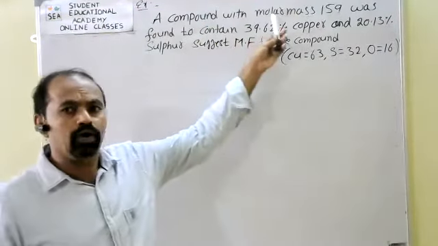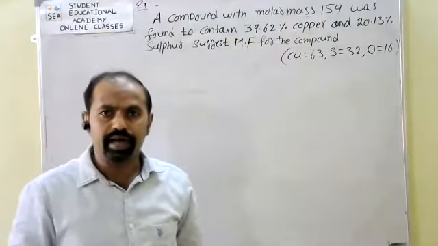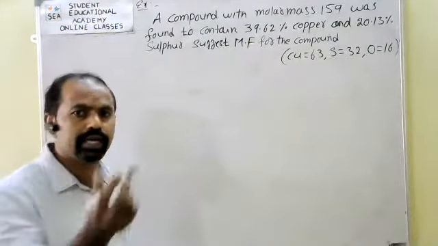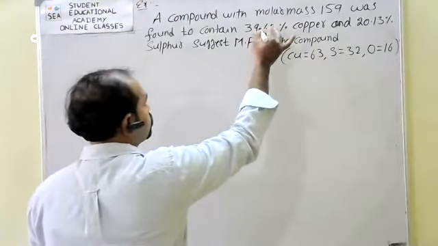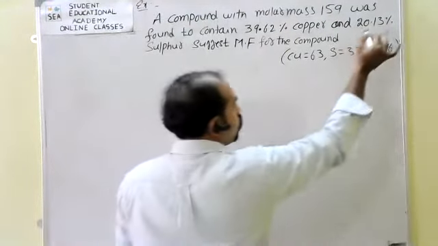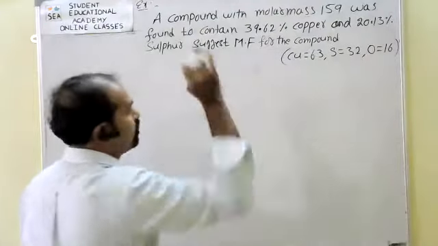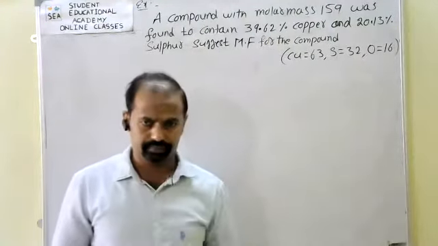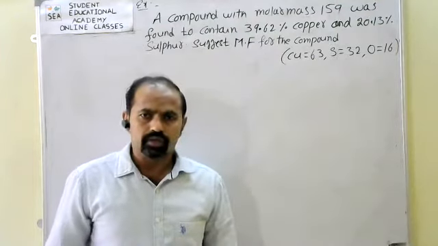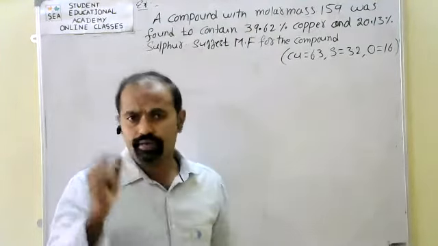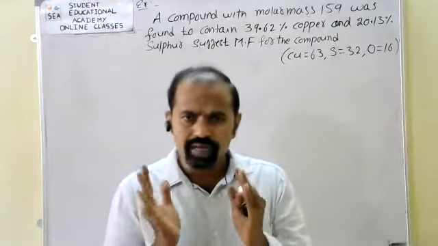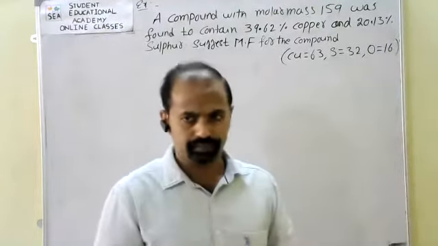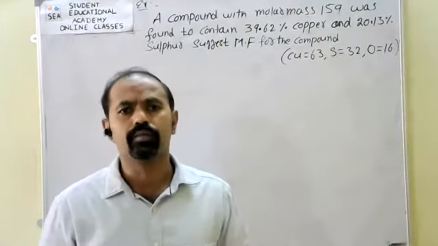A compound of molecular mass 159 contains 39.62% copper and 20.13% sulfur. Suggest the molecular formula. If we want the molecular formula, first we need the empirical formula.